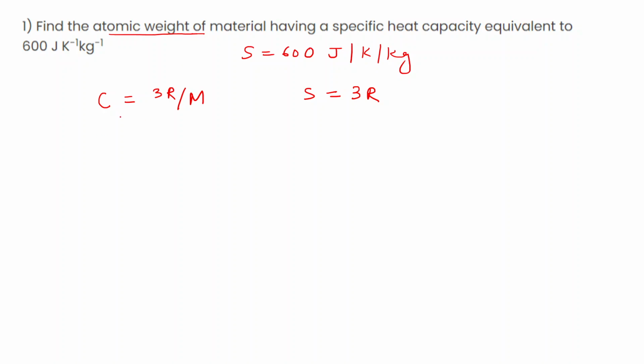Here, from this, the value of M, the atomic weight, I can calculate, which will be 3R by C. Now, 3 times the value of R, which is 8.314 joule per mole per Kelvin, divided by the heat capacity, which is 600.